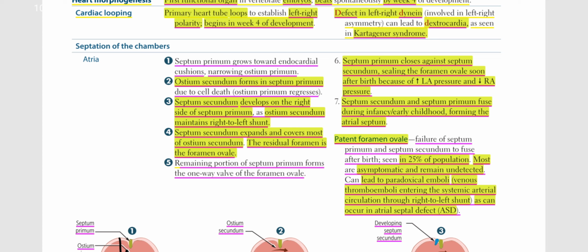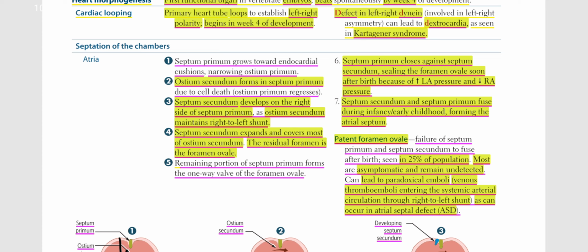The septum primum closes against the septum secundum, sealing the foramen ovale soon after birth because of increased left atrial pressure and decreased right atrial pressure. The septum secundum and septum primum fuse during infancy or early childhood, forming the atrial septum.